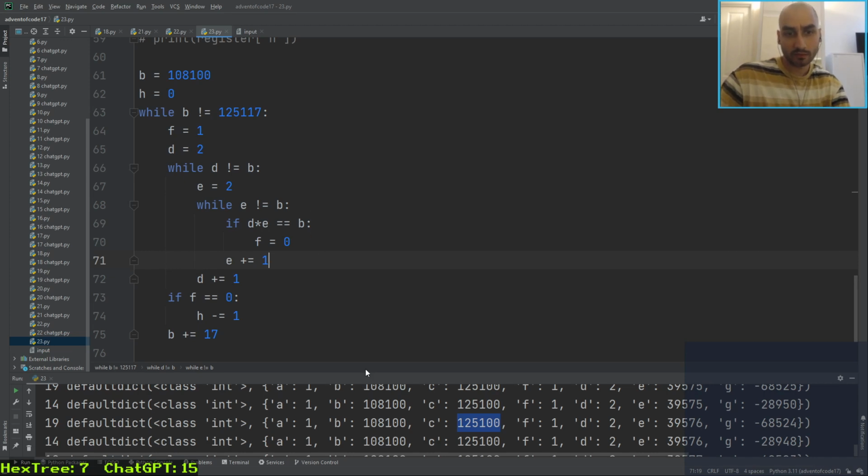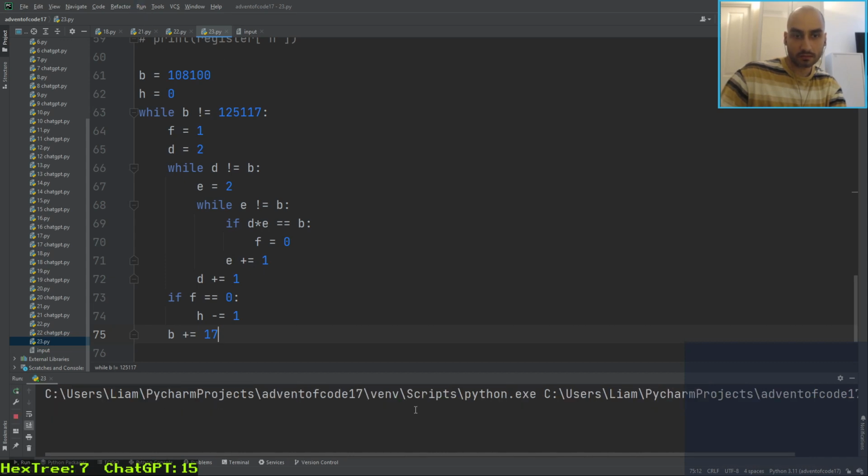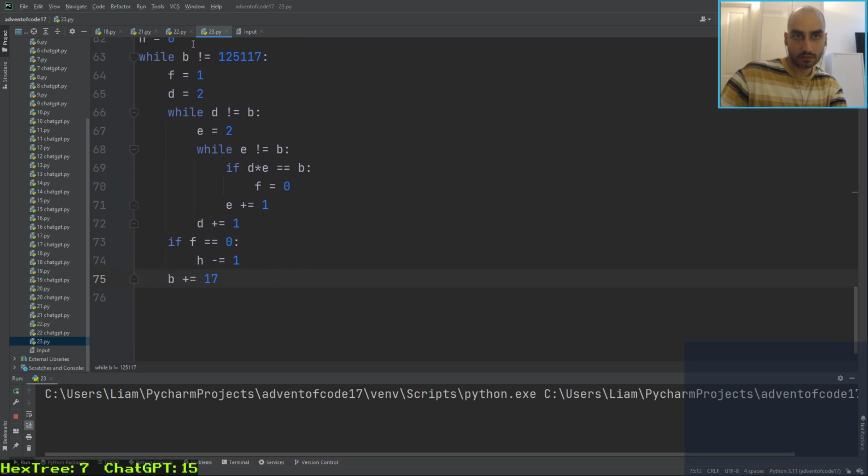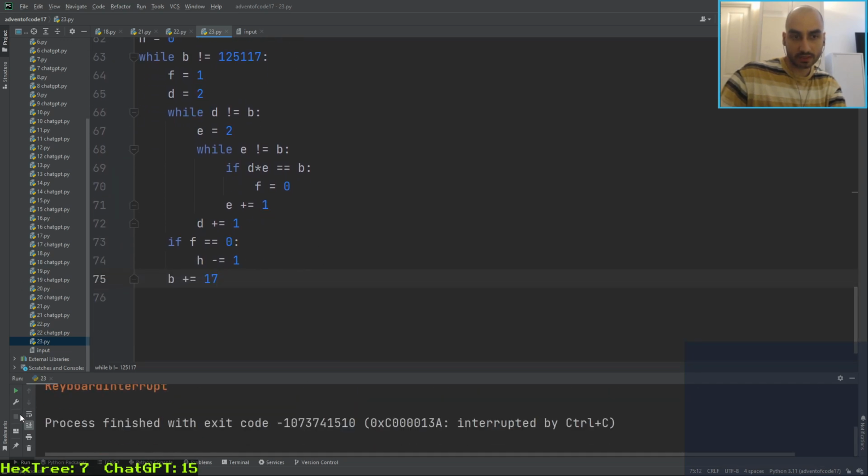Okay, now try printing some stuff. I don't know. Well, let's just try running this. Okay, it's an infinite loop as we'd expect.